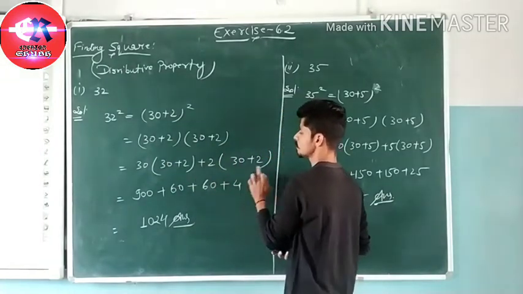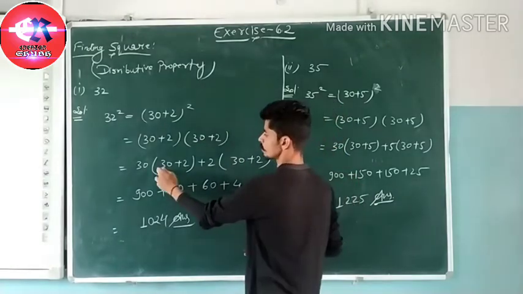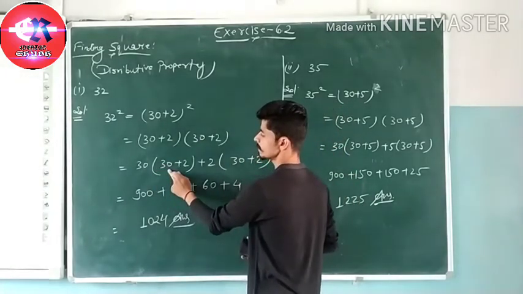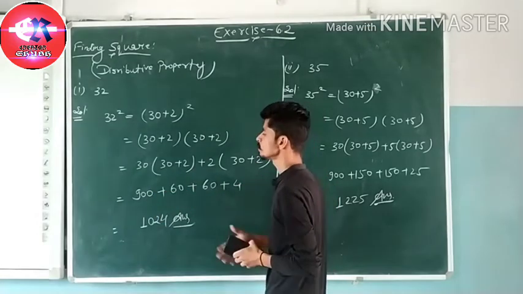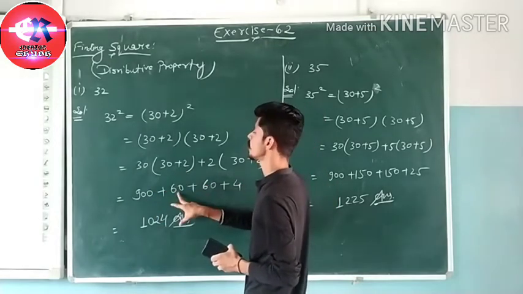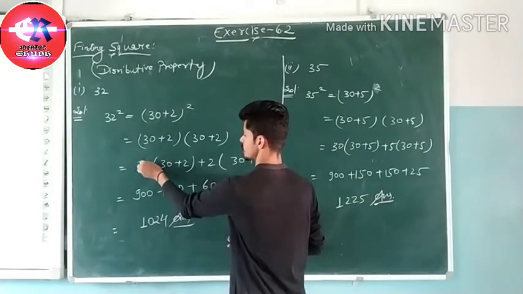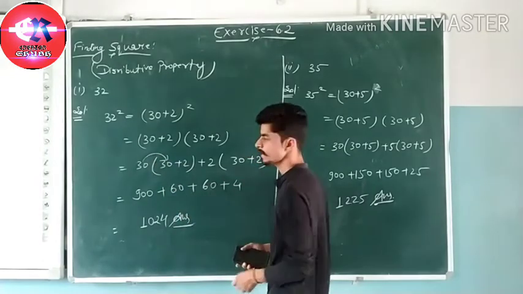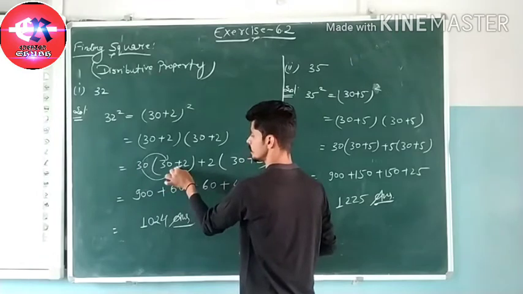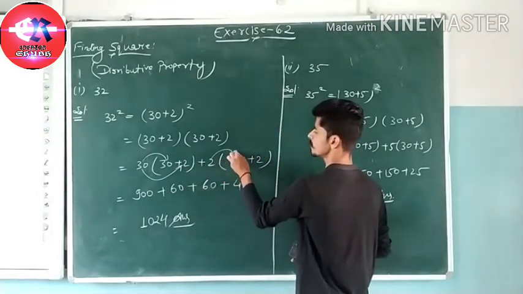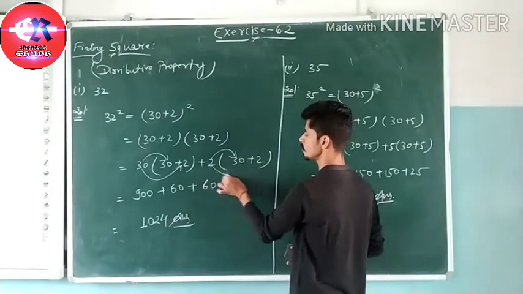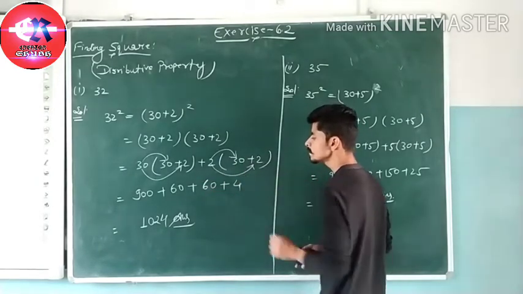So 30 multiplied with 30, we get 900. 30 multiplied with 2, we get 60. Similarly 2 multiplied with 30, we get 60, and 2 multiplied with 2, we get 4.